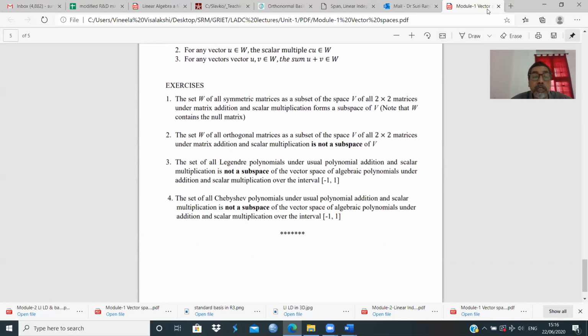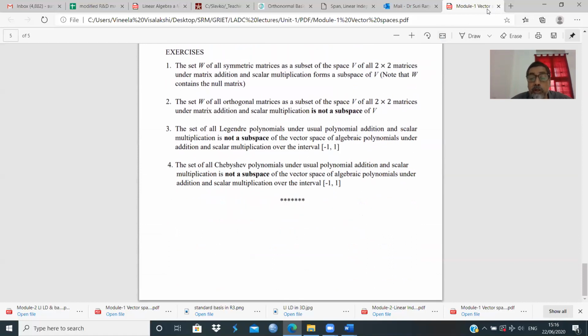But probably you'll struggle with 3 and 4 because I'm talking about 2 special functions, Legendre polynomials and Chebyshev polynomials, which can be clarified at a later time, but one can always search good literature and find out some properties of Legendre and Chebyshev polynomials. So this is about the first lecture on vector spaces and subspaces.